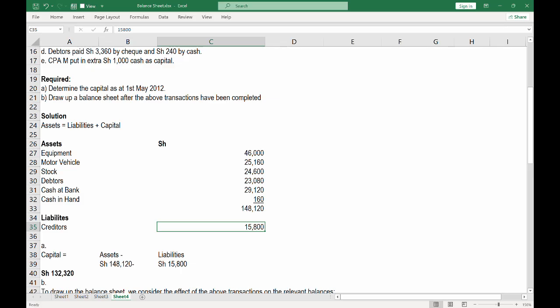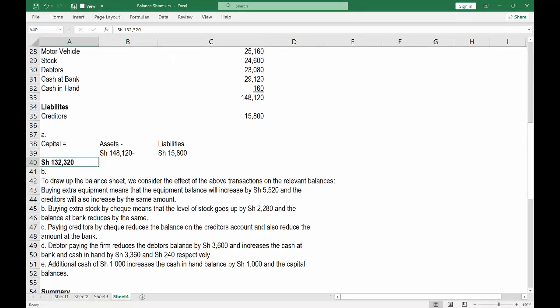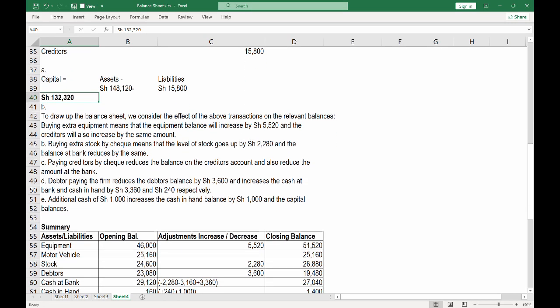And for liabilities, we have only creditors, which is 15,800. So when you subtract both, we get a capital of 132,320. So that is our capital.